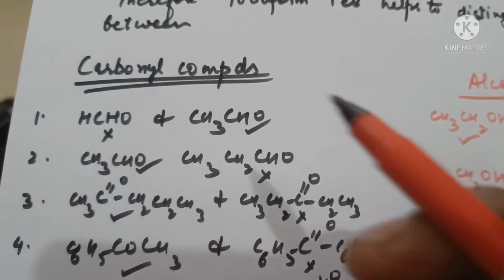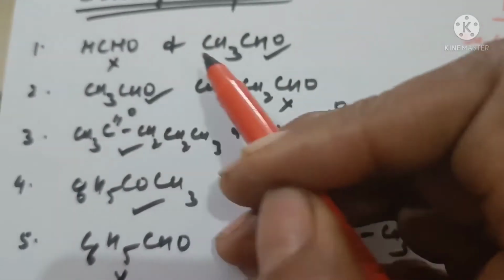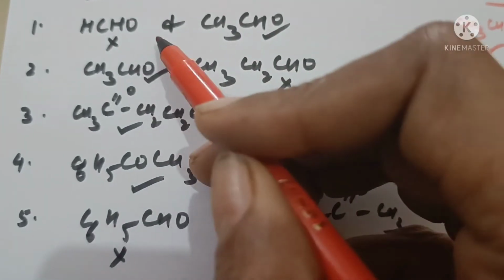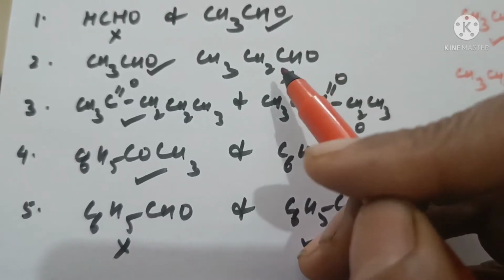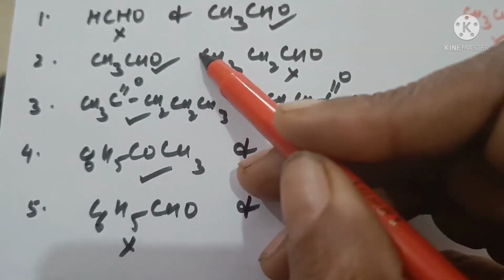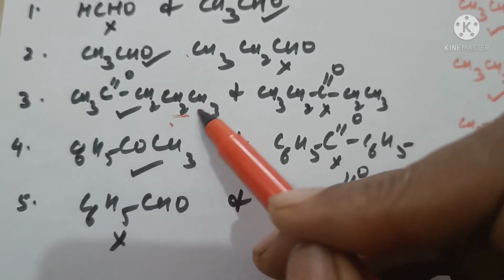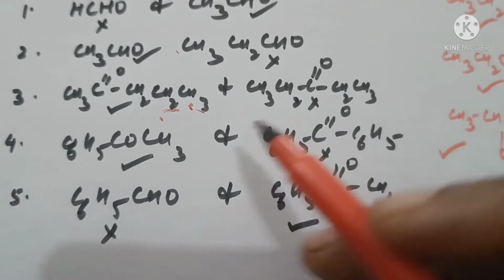Iodoform test helps to distinguish between compounds like methanol and ethanol. Ethanol will give iodoform, whereas methanol will not give. Similarly, ethanol and propanol, propanol will not give iodoform test, ethanol will give. Then pentane 2-one will give iodoform, whereas pentane 3-one will not give.